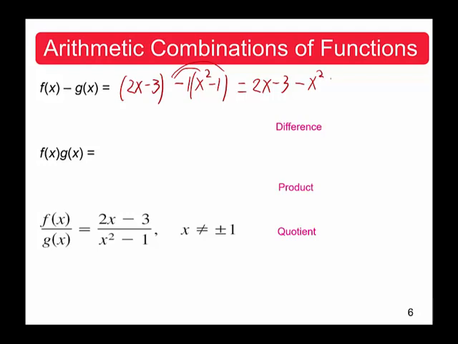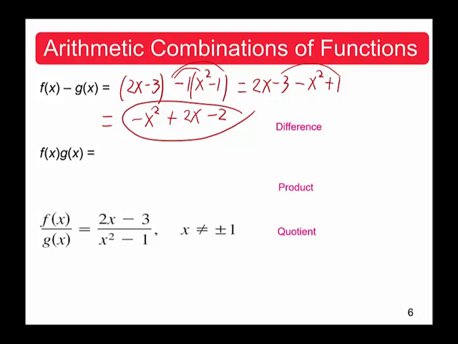Negative 1 times negative 1 is positive 1. Again, we keep the decreasing order, start with the negative x squared, then the linear term 2x. Combine the two constants: minus 3 plus 1 is minus 2. So we come out with the difference of the two functions.